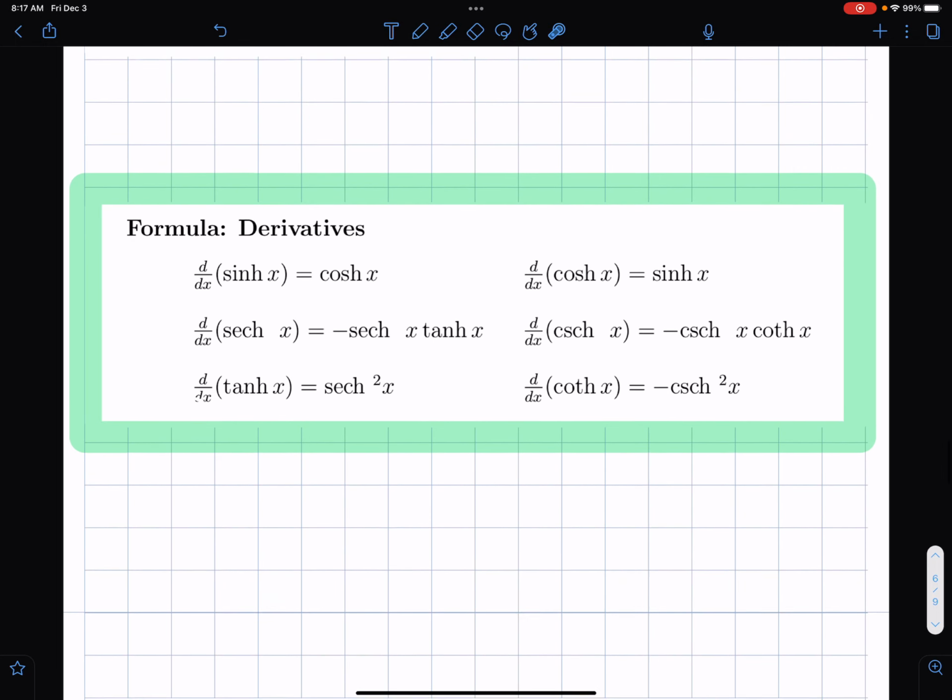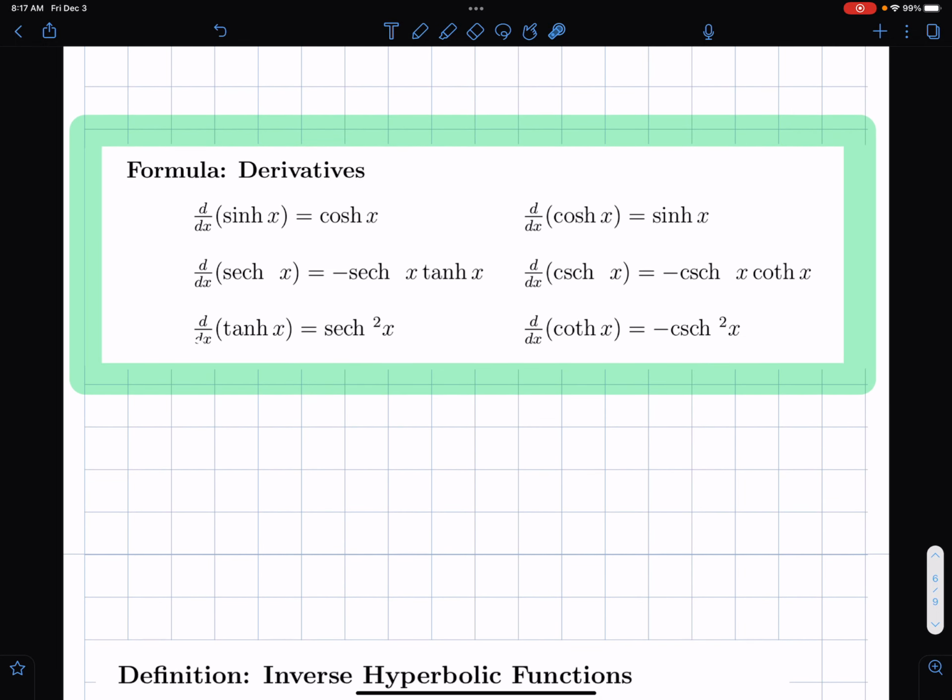Okay, the thing that we're going to look at in a calculus class is the derivatives. We have the derivative of hyperbolic sine is hyperbolic cosine. Hyperbolic cosine derivative, hyperbolic sine. Hyperbolic cosine, hyperbolic sine, hyperbolic tangent, these are very familiar to us because they match the derivatives of the trig functions.